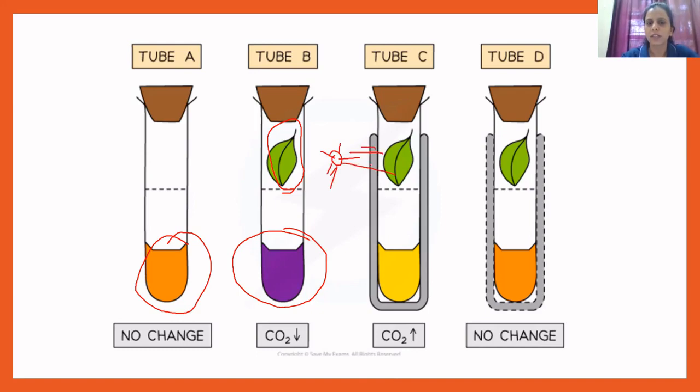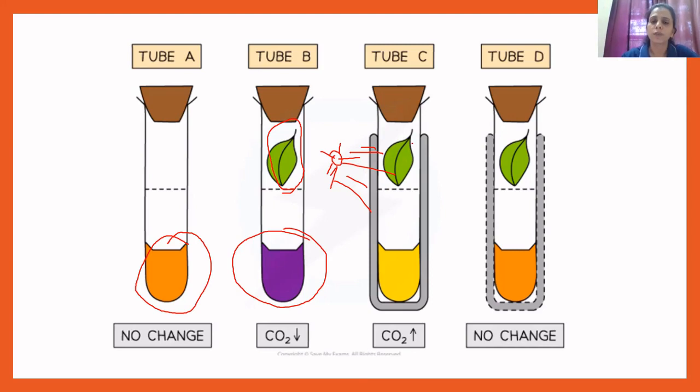So no light has reached the leaf because the entire light was blocked by this aluminium foil. So no photosynthesis was performed by this leaf, but respiration was going on. Okay, so here the rate of respiration was very high compared to the rate of photosynthesis. Okay, there was no photosynthesis at all because of the absence of the light.